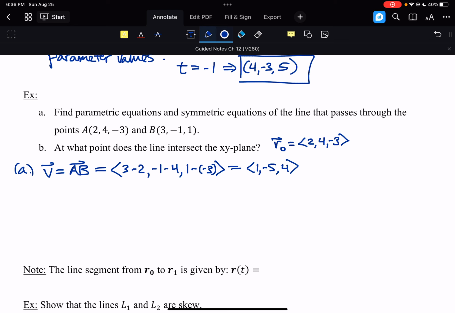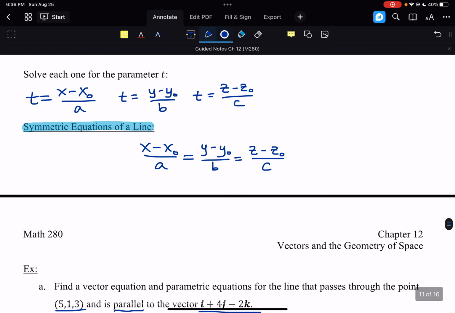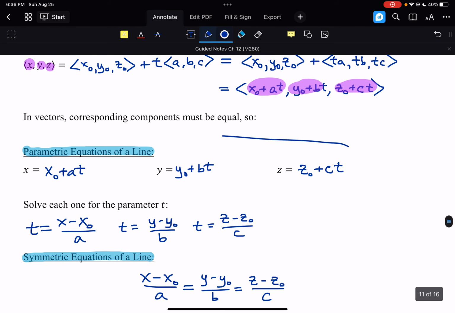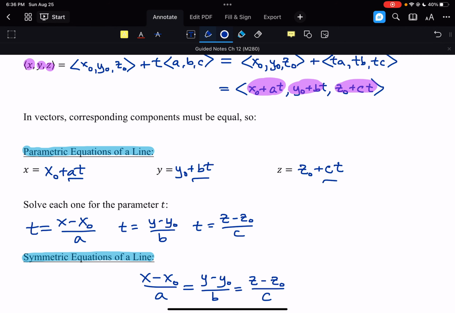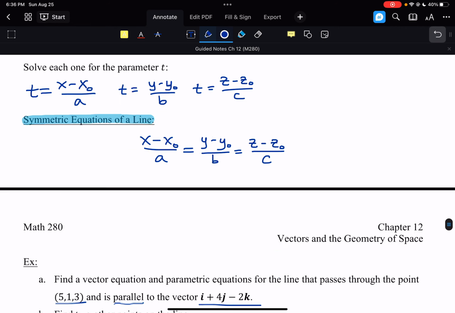Now for the parametric equations, so we're going to need our x equals, y equals, and z equals. And remember, in this formula right here, x naught, y naught, and z naught come from the position vector r naught, and a, b, and c come from the direction vector v.